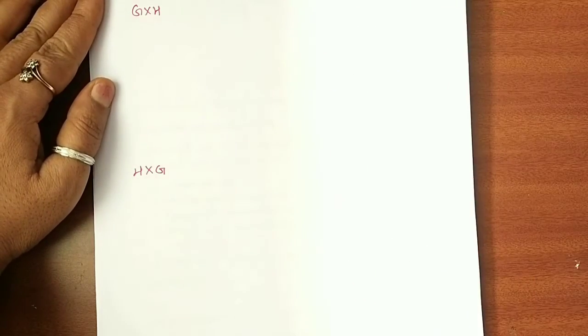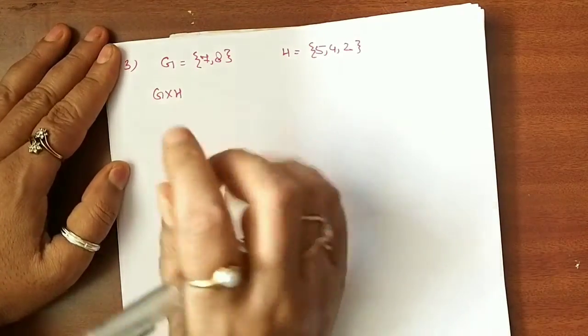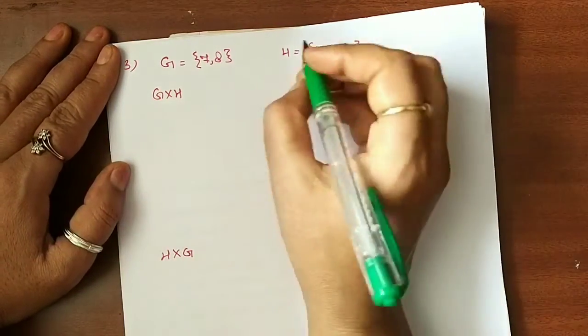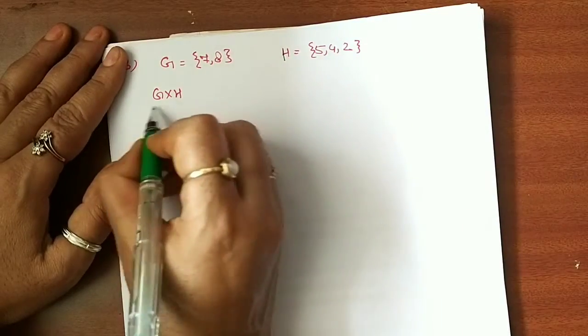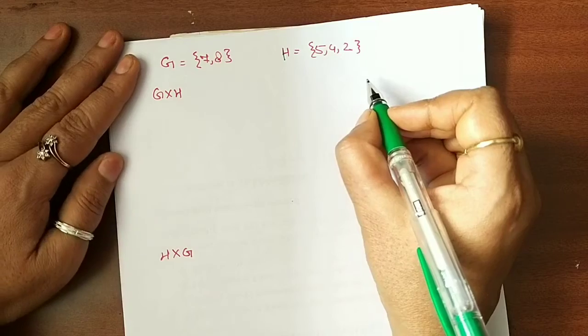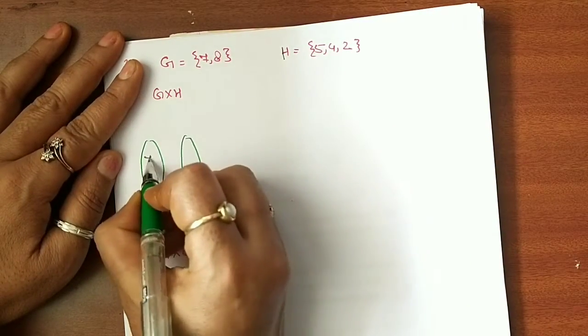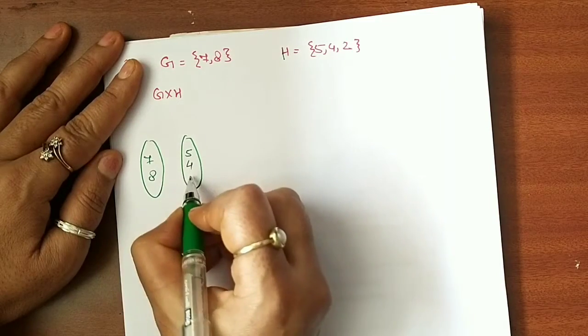Okay. Now let's see the third question, which is also very easy. G is given, H is given. There are two sets. They are asking to find G cross H. For that, I always prefer to make a small diagram so that there is no mistake.